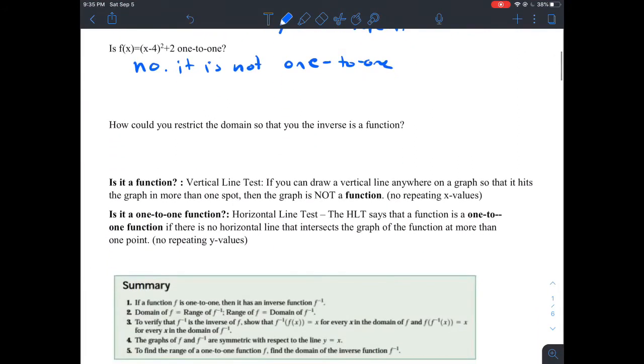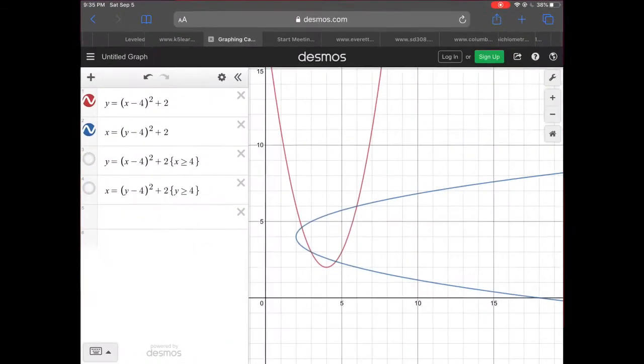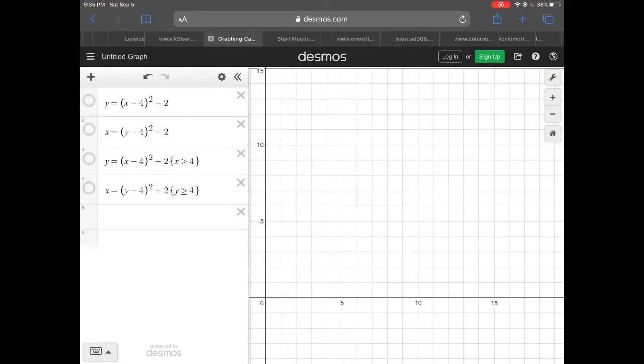It says, how can you restrict the domain so that there is an inverse of the function? All right, so that the inverse of the function exists. So let's think about this. This is our original function. And if you notice at the vertex, that's kind of where everything starts to double. It goes to the right, goes to the left, and you have double y values.